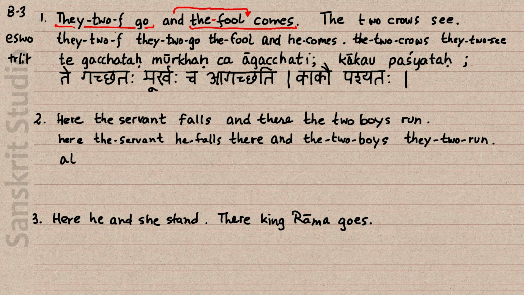So we have atra here, and we have dasa here, the servant. What is he doing? He's falling. Okay, and so it's patati, patati.